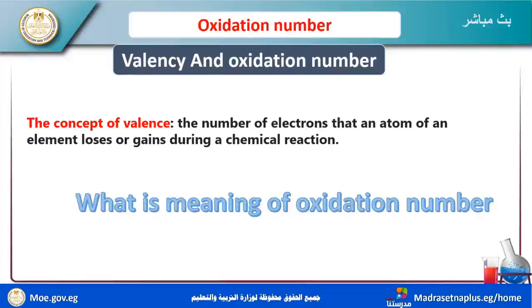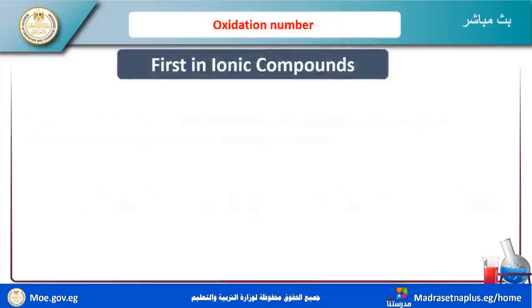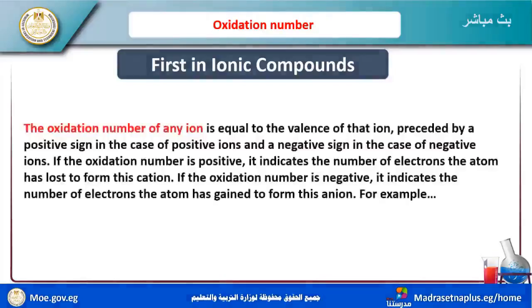What is the meaning of oxidation number now? Oxidation number, first in ionic compounds: the oxidation number of any ion equals the valence of this ion, preceded by a positive sign in the case of positive ions, and a negative sign in the case of negative ions.